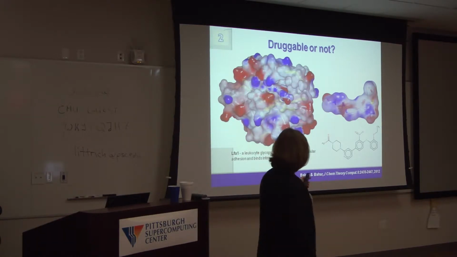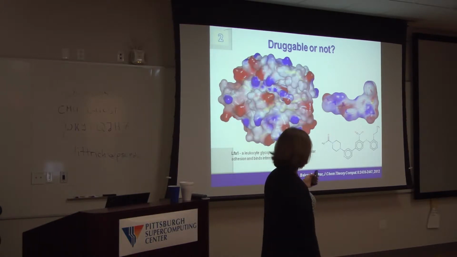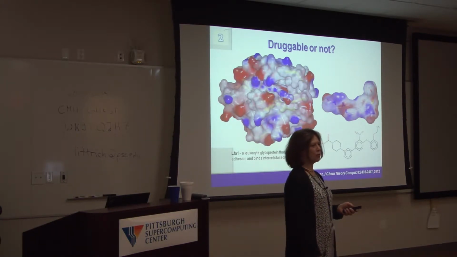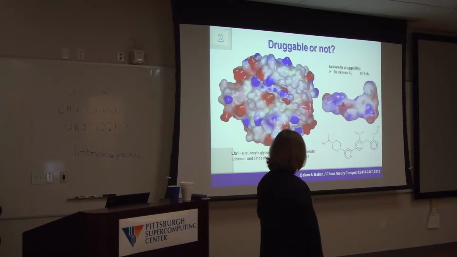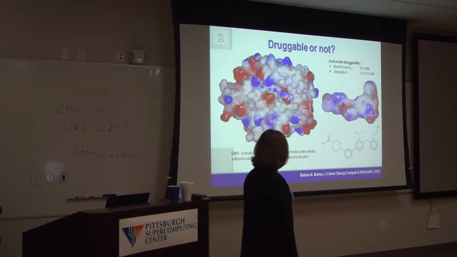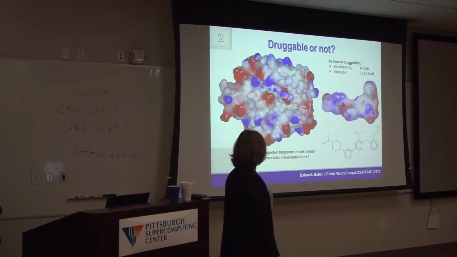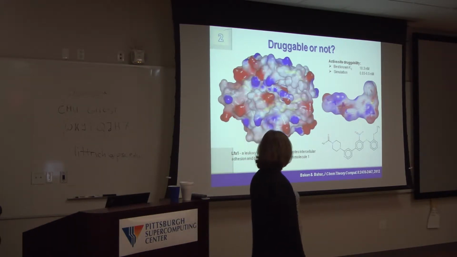Now you all know this. We look at the drug, and now we know, at the target, oh, it can bind something here. Of course, that's not true. We do lots of extensive simulations. And in this case, this is, as you can see, a glycoprotein that is important for intercellular adhesion.